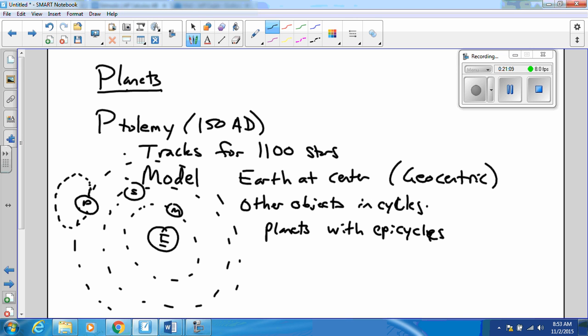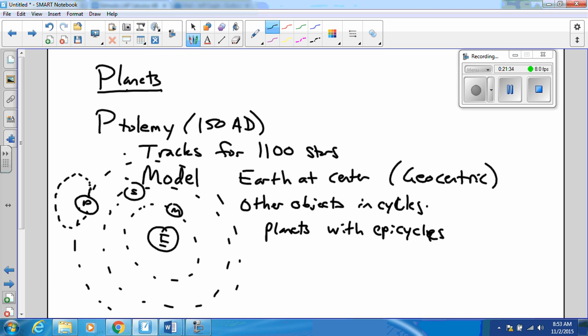Here's the wild thing about this. Ptolemy's work, which is a legitimate scientific work, accounting for the observations that we see, lasts up through the 17th century. That's not a bad track record, considering.